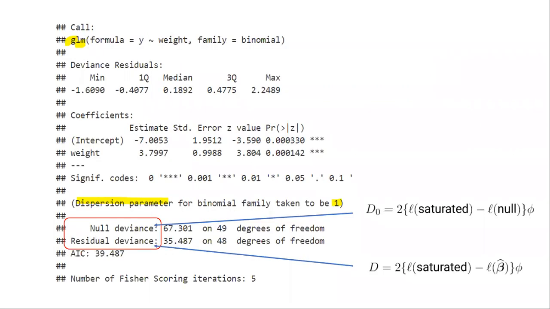So where can we find these in the output? Well, if we're running a GLM in R, we use the function glm. I just want to point out that what we have here are the null deviance and residual deviance values.